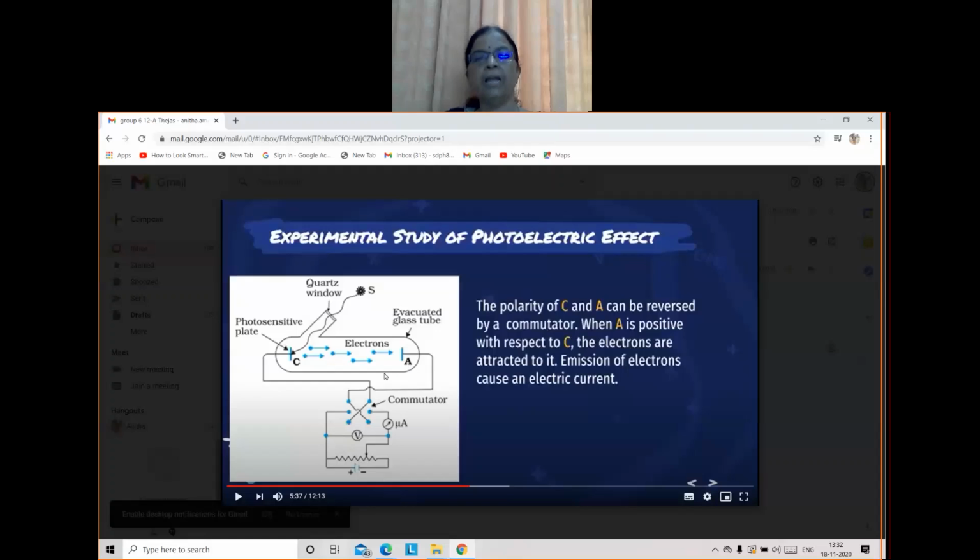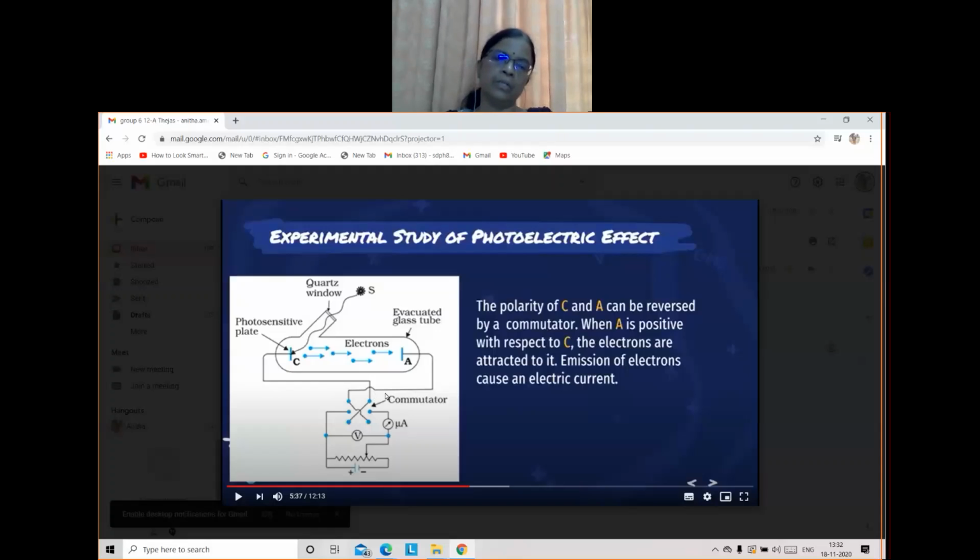And do you think that on increasing more and more, the current will keep increasing? That means indefinitely. Is it indefinite, or is there a saturation value? What is your opinion when we increase the positive potential? Vishal, what is your opinion? Initially, we have seen there is an increase in photoelectric current.